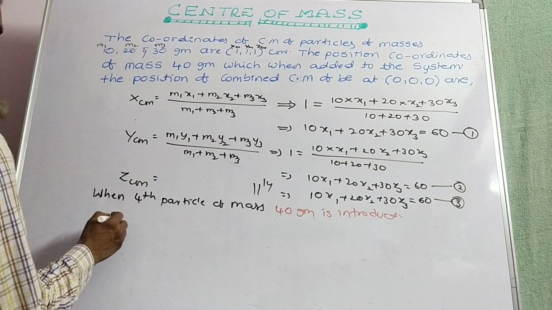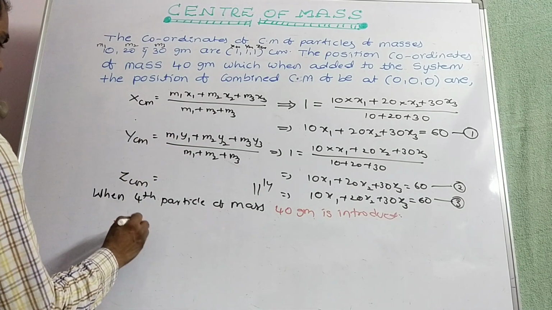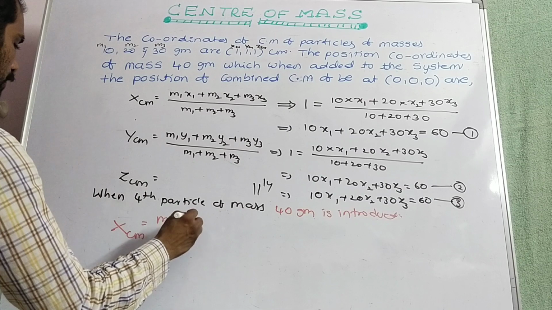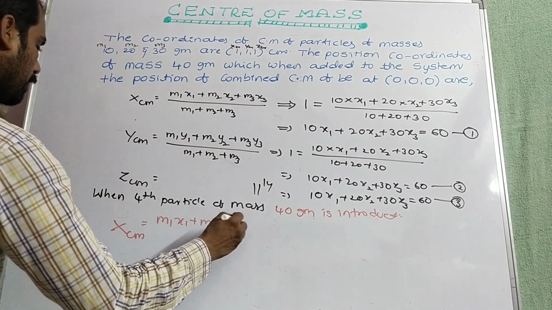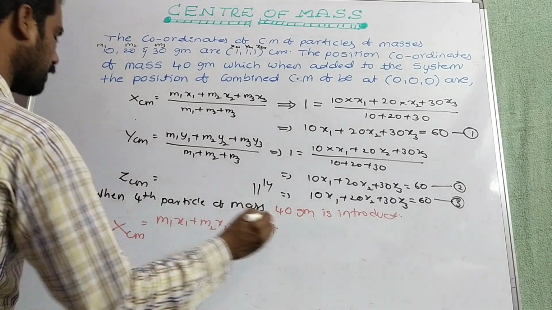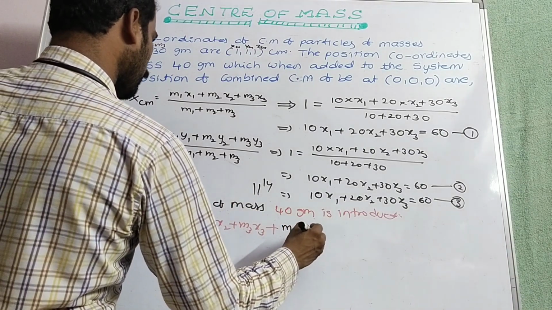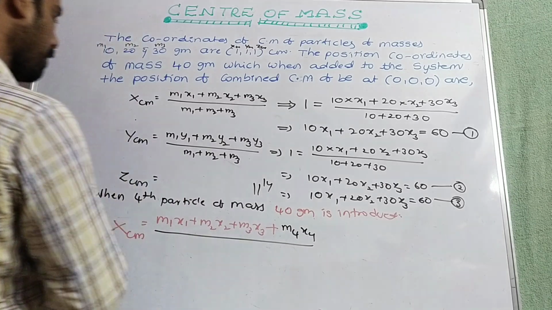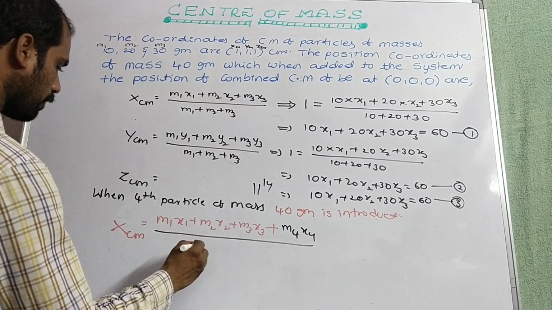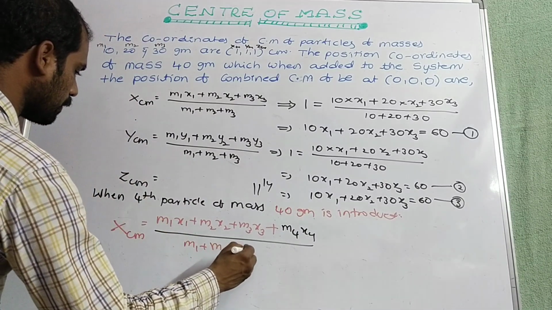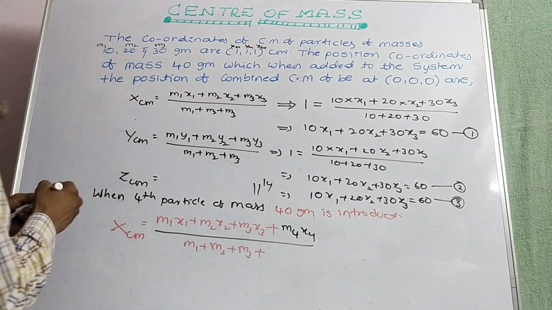Then I will write XCM is equal to m1x1 plus m2x2 plus m3x3 plus m4x4 by m1 plus m2 plus m3 plus m4.